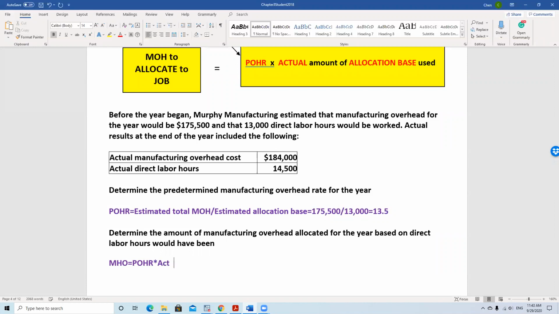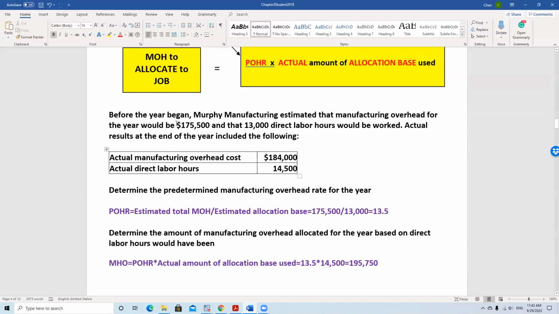Now we need to use the actual amount of allocation base used. What is the predetermined overhead rate? 13.5 times the actual amount of allocation base, which is 14,500. If you calculate that, it's 195,750.